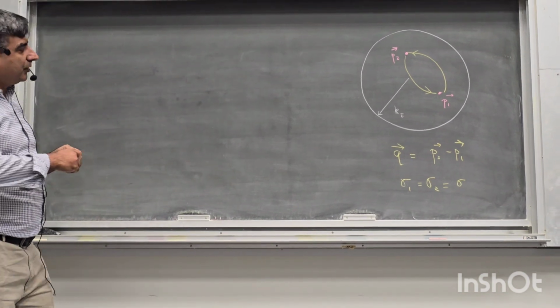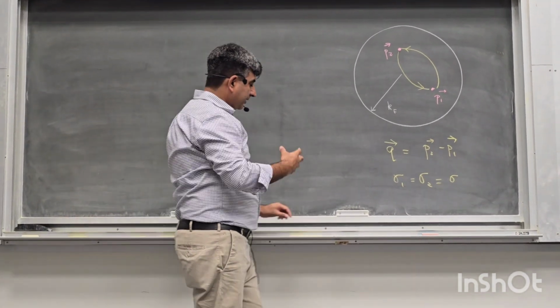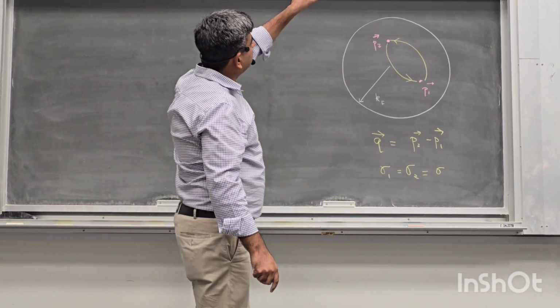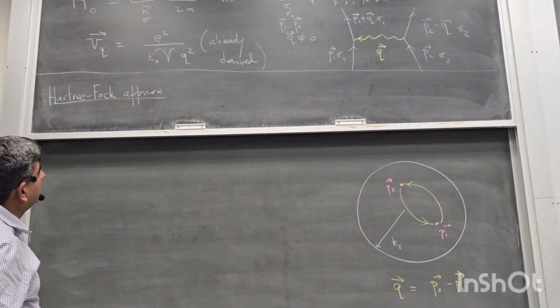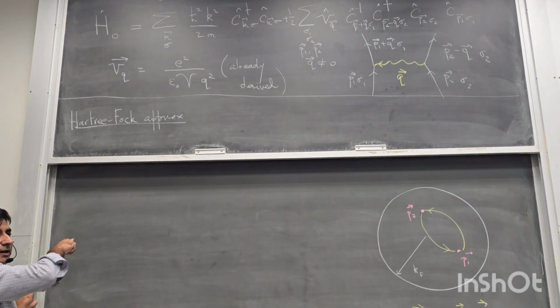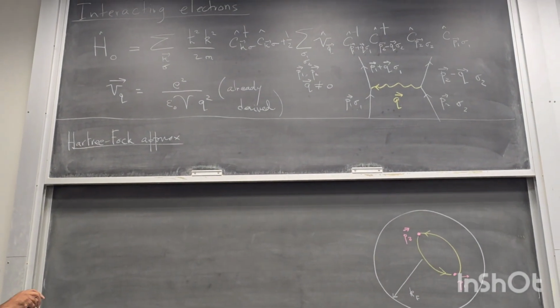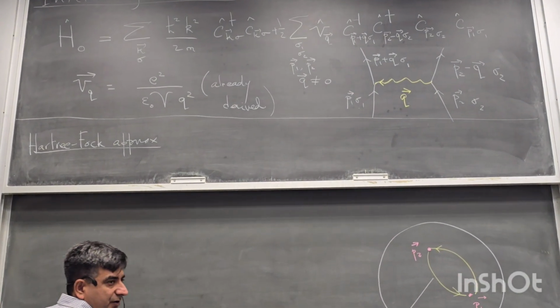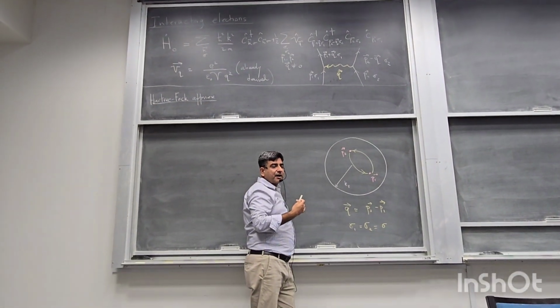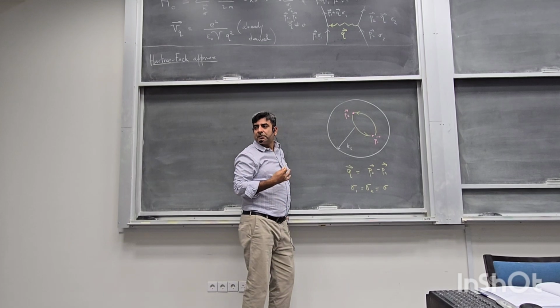So we can codify the exchange interaction in this Coulombic repulsion by having these conditions. If I write down the new Hamiltonian under these constraints, the Hamiltonian that results is called the Hartree-Fock Hamiltonian.